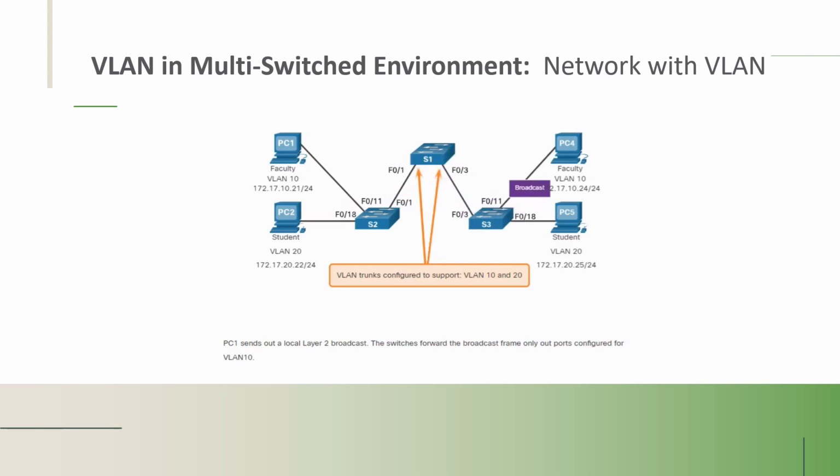So in this case, the port F0/1 can forward broadcast frames for VLAN 10 and VLAN 20, as can port F0/1 on switch 1, port F0/3 on switch 1, and port F0/3 on switch 3.